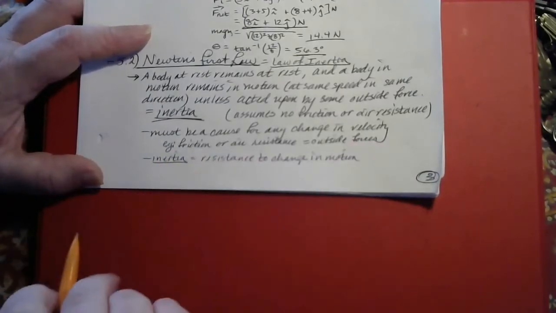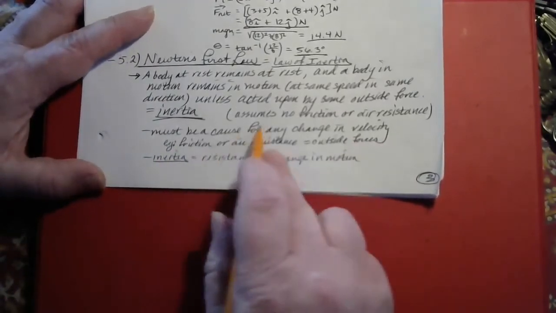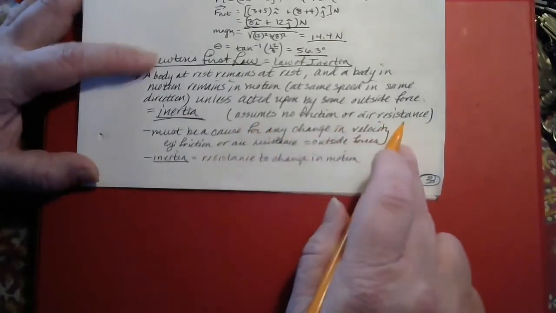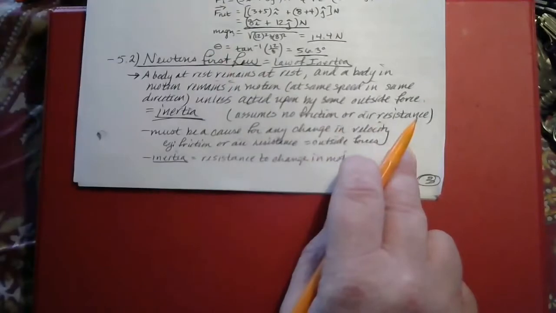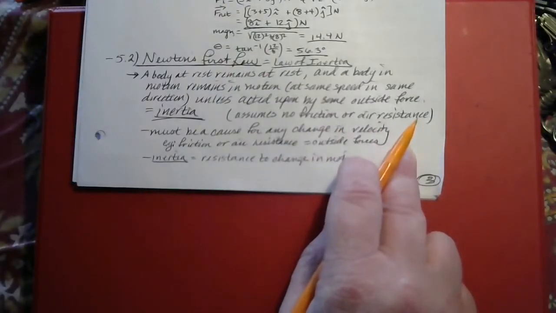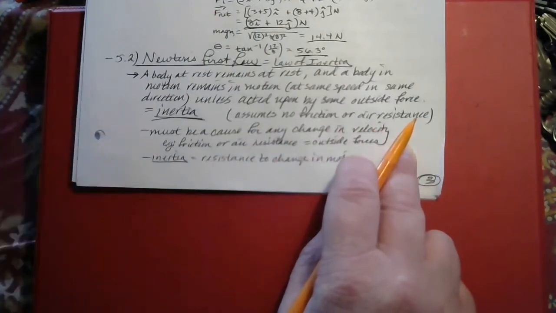Okay, so that would be a good working definition for inertia. This assumes no friction or air resistance, especially when you think about the body in motion. Even here on Earth, where there's plenty of air resistance and friction, something that's sitting still will tend to sit still basically forever unless some exterior force comes and acts on it.